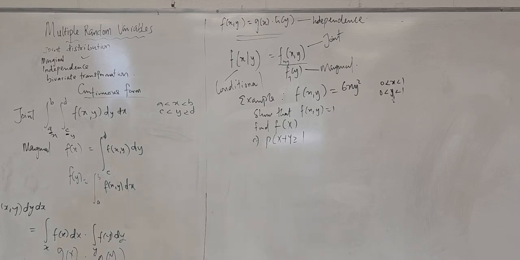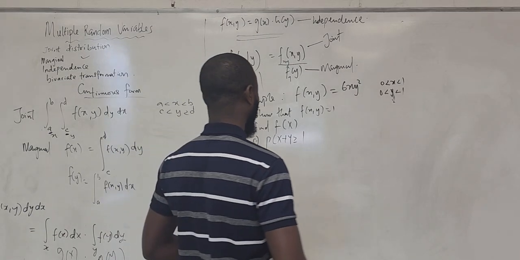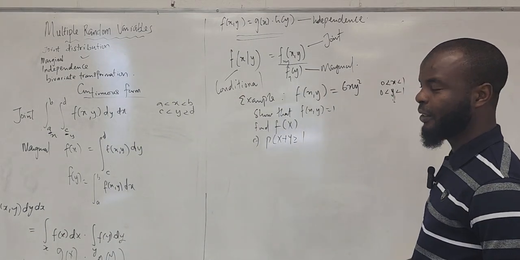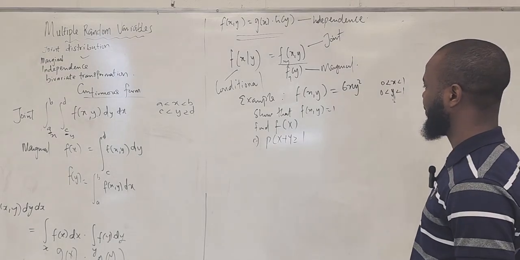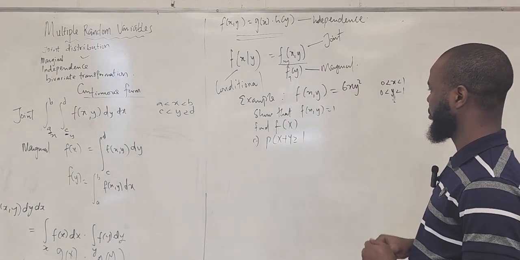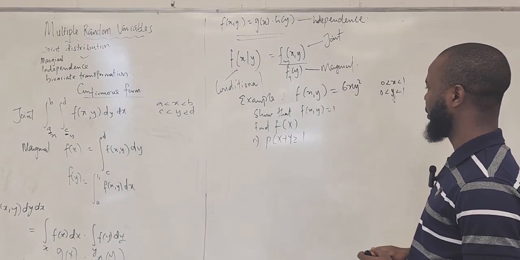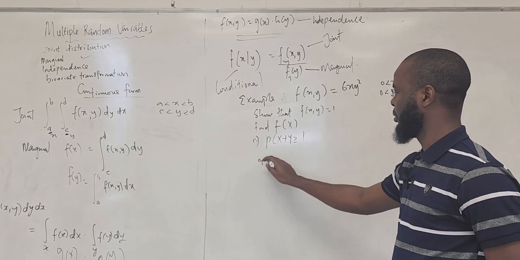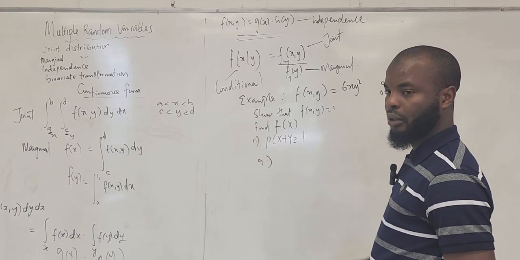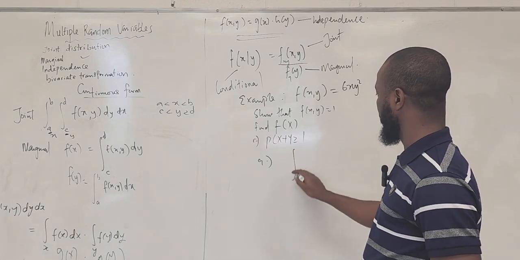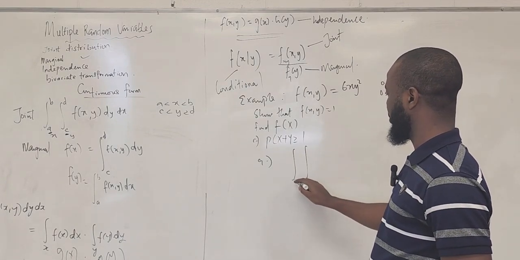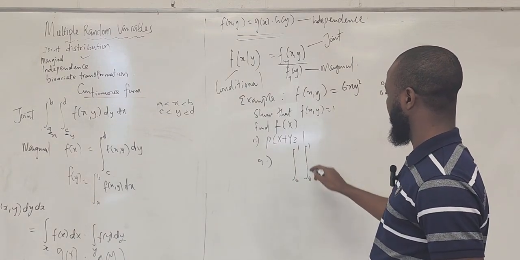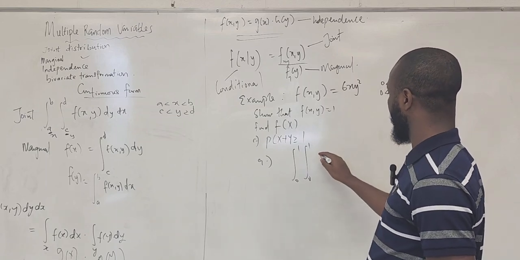This is what we have. Let's do the first part. Both of the limits are the same, right? We want to show that this is a PDF, so you integrate with respect to the respective limit.